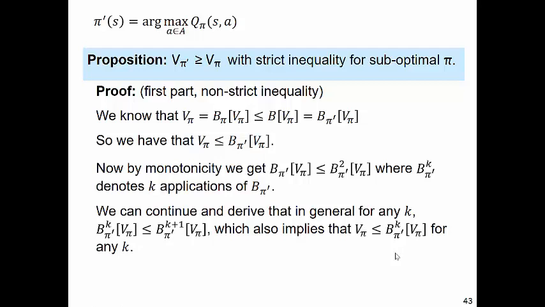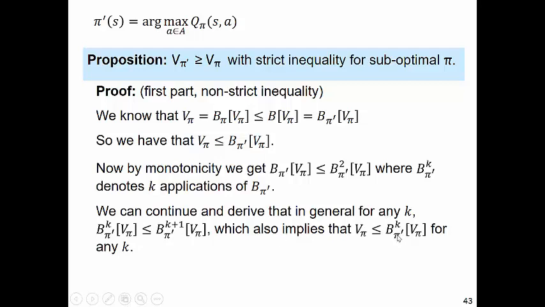Yep. It's the optimal value function for that MDP that only had the actions of pi prime. But that's just kind of trivially the value function for pi prime. So when you iterate the restricted Bellman backup for a certain policy, it's going to converge to the value function of that policy. And if you go back in the notes, you'll see this is exactly what that iterative policy evaluation algorithm was.